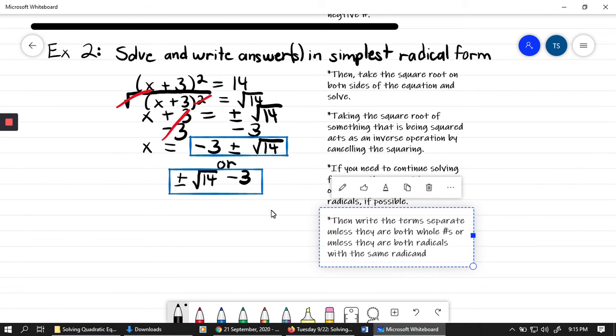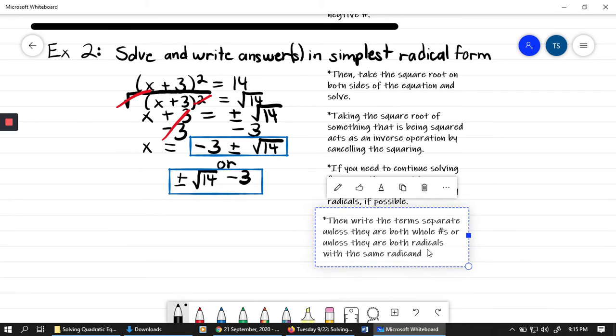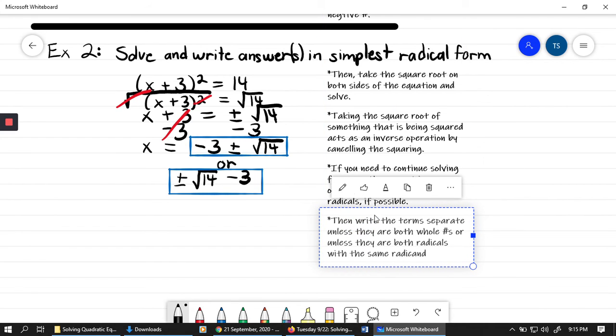We had to write our terms separately because they were not both whole numbers, and they were not both radicals with the same radicand. One of them was a radical that had 14 as a radicand, and the other one was a whole number. So that's example 2.